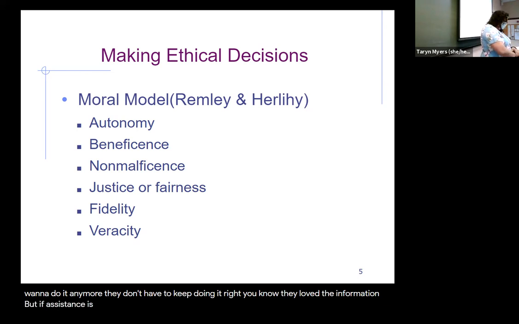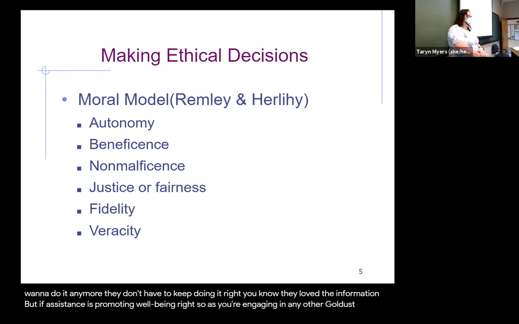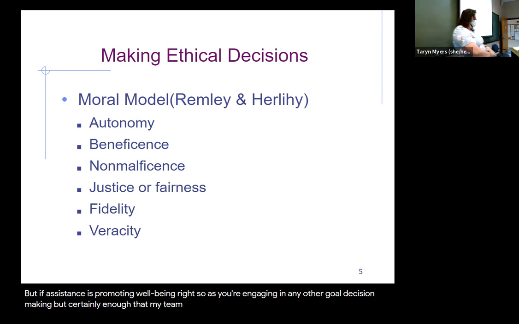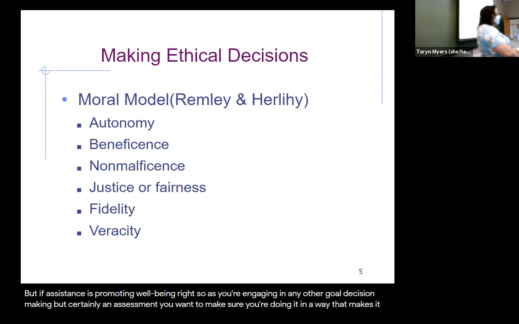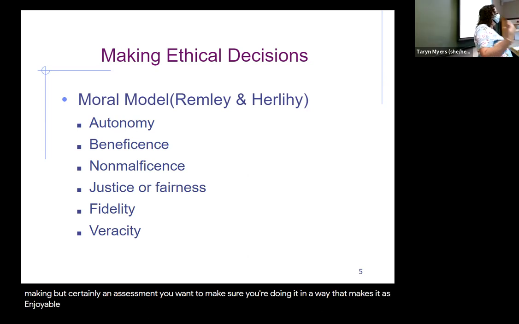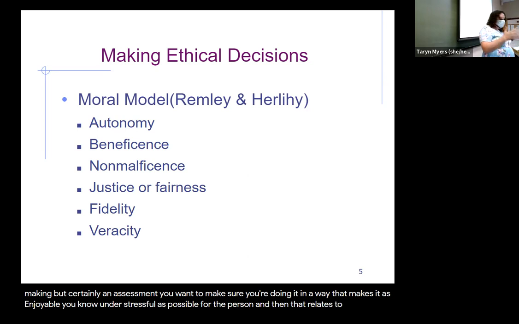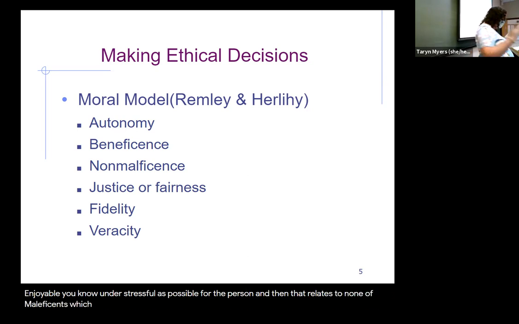Beneficence is promoting well-being, right? So as you're engaging in any ethical decision making, but certainly in assessment, you want to make sure you're doing it in a way that makes it as enjoyable, you know, unstressful as possible for the person. And then that relates to non-maleficence, which is essentially do no harm.